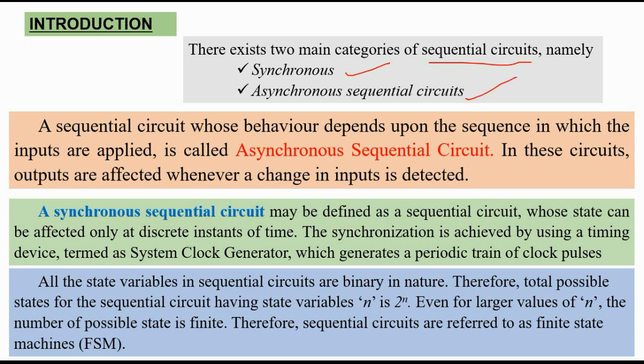Asynchronous means a sequential circuit whose behavior depends upon the sequence in which the inputs are applied is called an asynchronous sequential circuit. That means these circuits' outputs are affected whenever a change in inputs is detected.